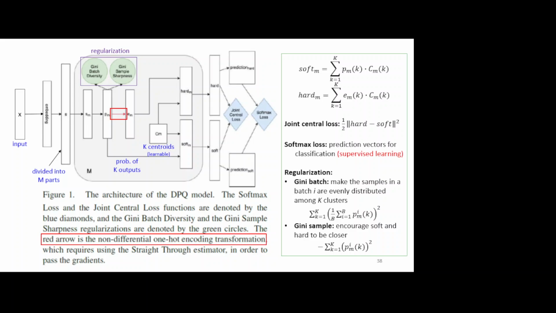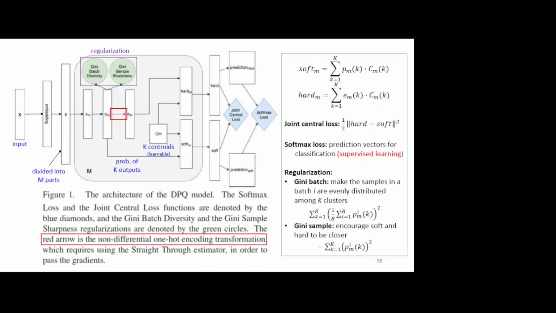This means suppose we have k centroids, so you have to set up the number k first. The output of Pn means the probability that this subvector belongs to each centroid.